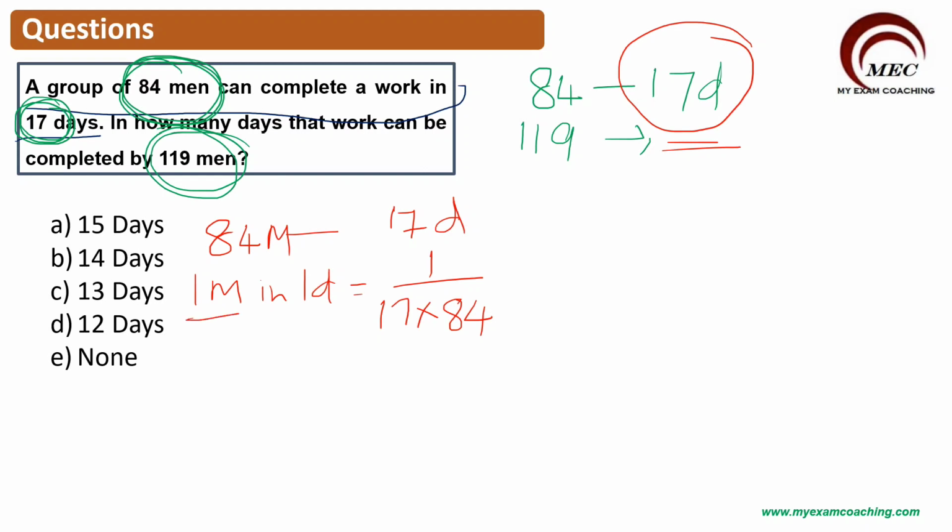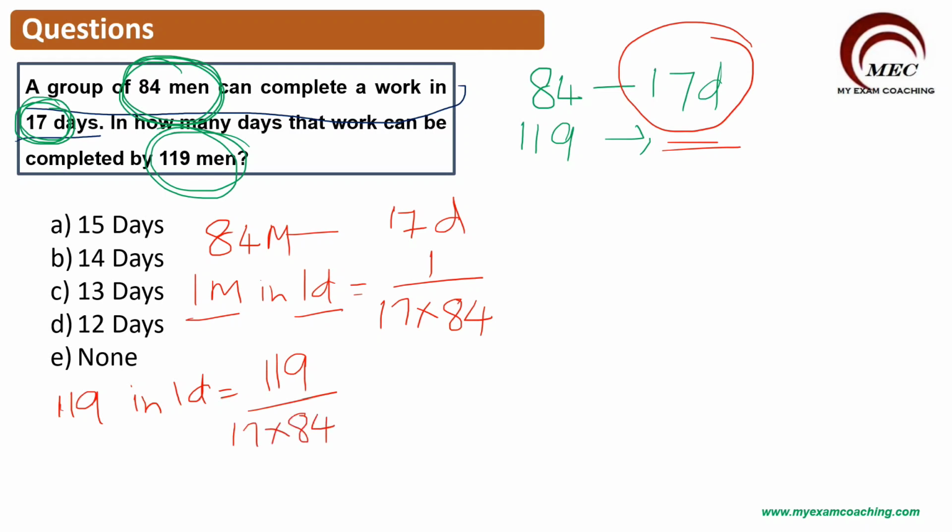So one man in 1 day will be 1 by 17 into 84. So how many people do we have? We have 119 people. So 119 people in 1 day will be equal to 119 by 17 into 84.